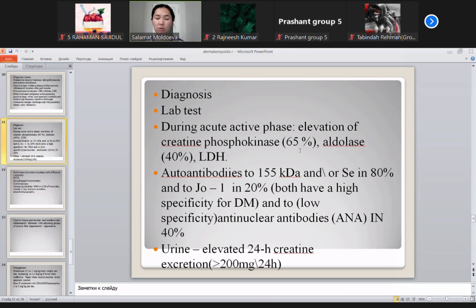And for dermatomyositis, except the antinuclear, you can check more highly specific tests: anti-Jo-1 and anti-155-A. These two antibody tests are more specific for dermatomyositis.